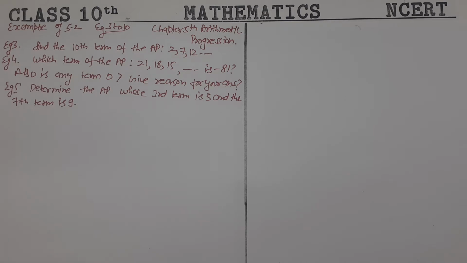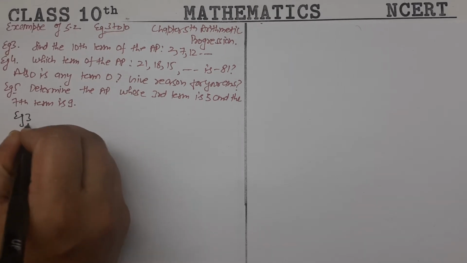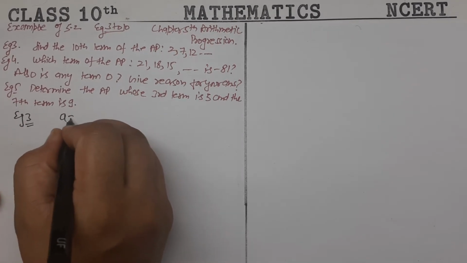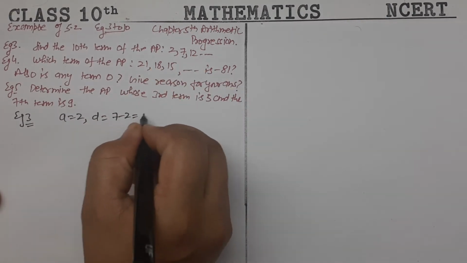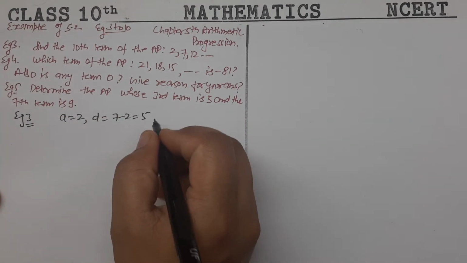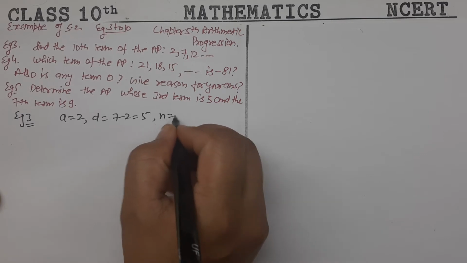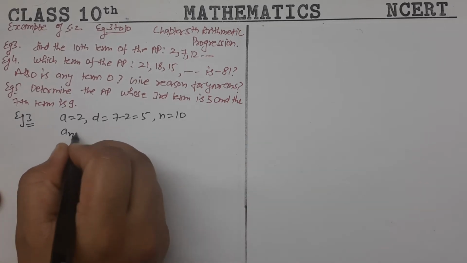Let's start. Example 3. Find the 10th term of the AP 2, 7, 12. A is 2, D is 7 minus 2, which is 5. N is 10.